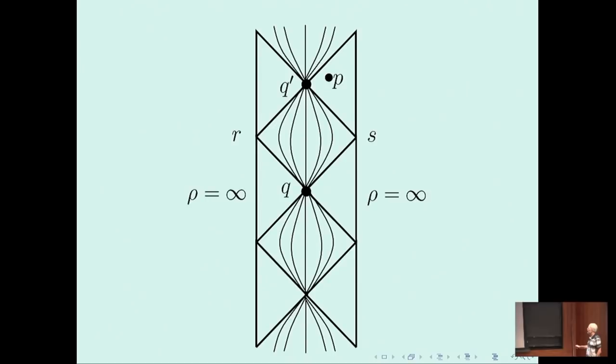And later we'll discuss what happens up here, but at the moment, suppose you're at the point P. First of all, there's actually no geodesic from Q to P. The time-like geodesics do what I've drawn and don't get to P, and the light-like geodesics just go out here, and the space-like geodesics go sideways. So there's absolutely no geodesic from Q to P, and there's no path that maximizes the proper time.